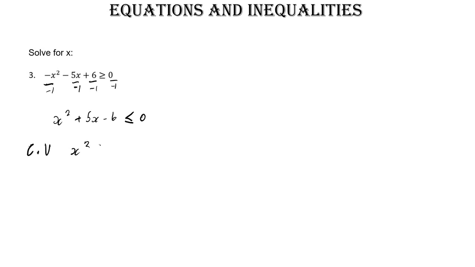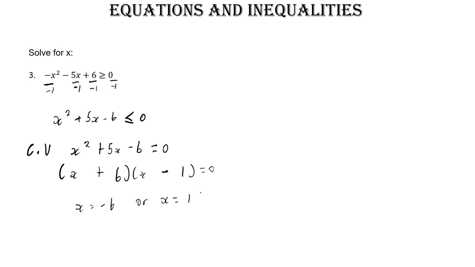X squared plus 5x minus 6 is equal to 0. Factor out, place an x over there, an x over there, make it equal to 0. Take out the factors of 6, which is 6 and 1. Bigger one's going to get a positive, smaller one's going to get a negative. X is equal to minus 6, or x is equal to 1.